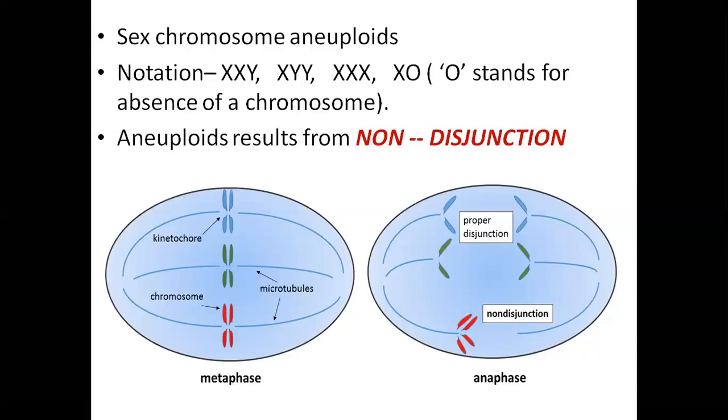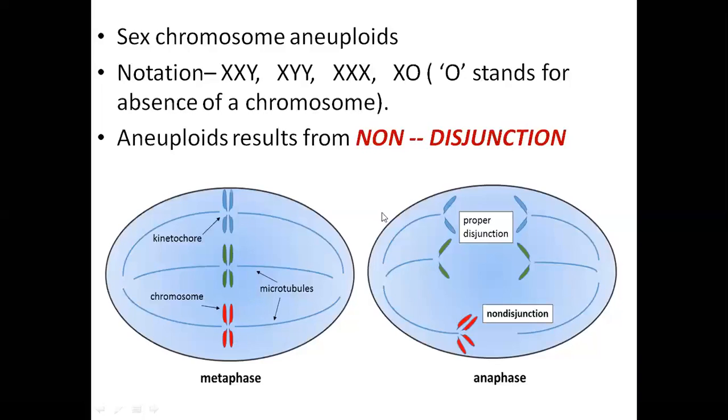What exactly is non-disjunction? Non-disjunction means not coming apart. It is a failure of chromosome pairs to separate properly during formation of gametes. In the metaphase stage, we can see three sets of chromosomes, one in blue, one in green, and one in red, just for convenience.